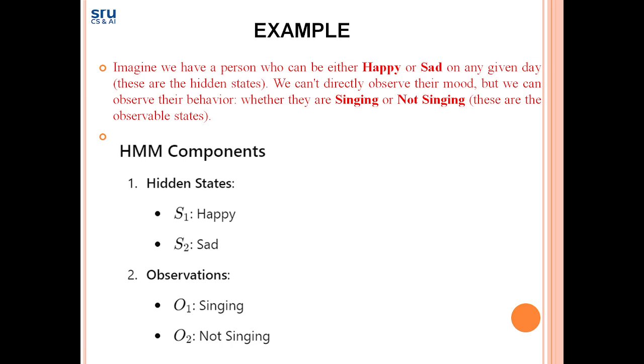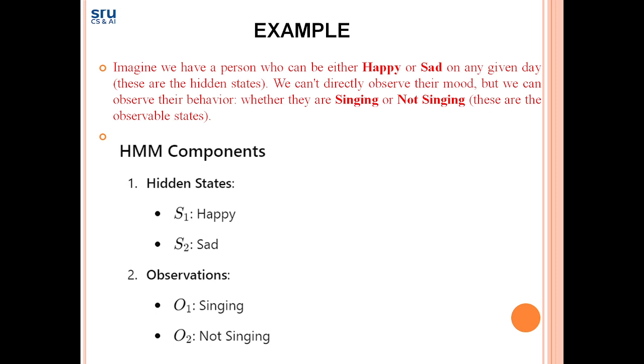Now we try to understand this hidden Markov model with one example. Imagine we have a person who can be happy or sad on any given day. These are hidden states. We can't directly observe their mood, but we can observe their behavior, whether they are singing or not singing.